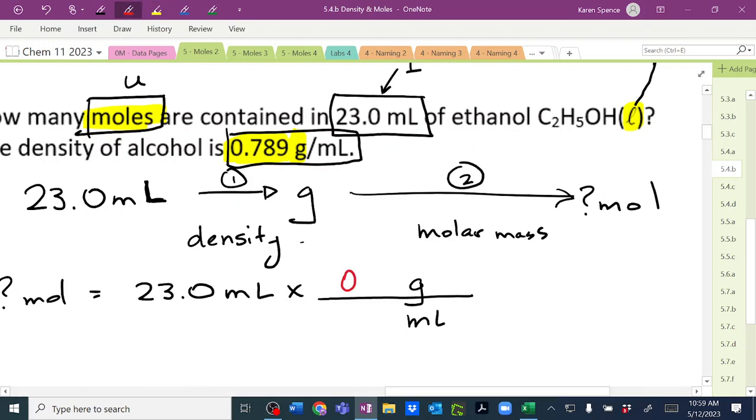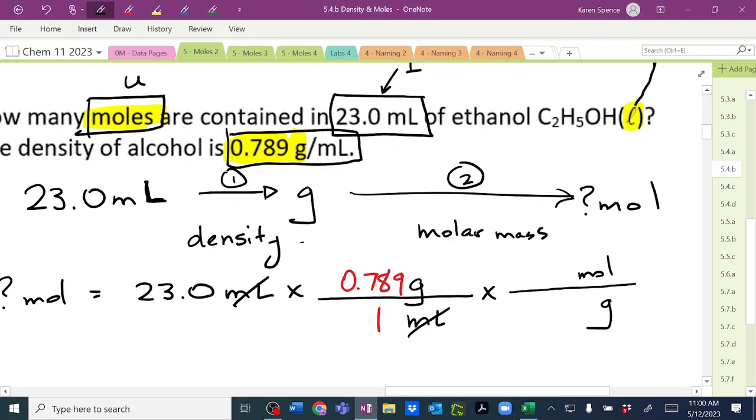So 0.789 grams per 1 milliliter. Let's see what we get, 23 times 0.789. Oh, hang on. Do I want to do that or do I want to go to moles next? I could do it in two steps, but why don't I just go to moles next? So my milliliters cancel, and now I want to go to moles.